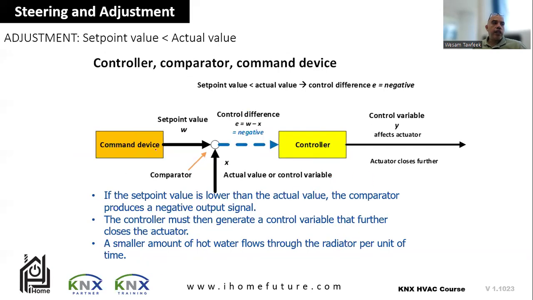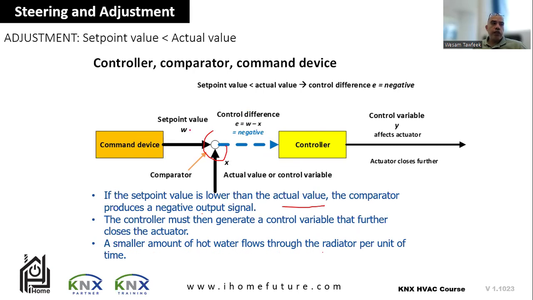And then it can also work vice versa. In this case, if the set point value is lower, I don't want more heat, I need less heat. The set point value is lower than the actual value. The comparator produces a negative output signal. The controller must then generate a control variable that further closes the actuator. A smaller amount of hot water flows.